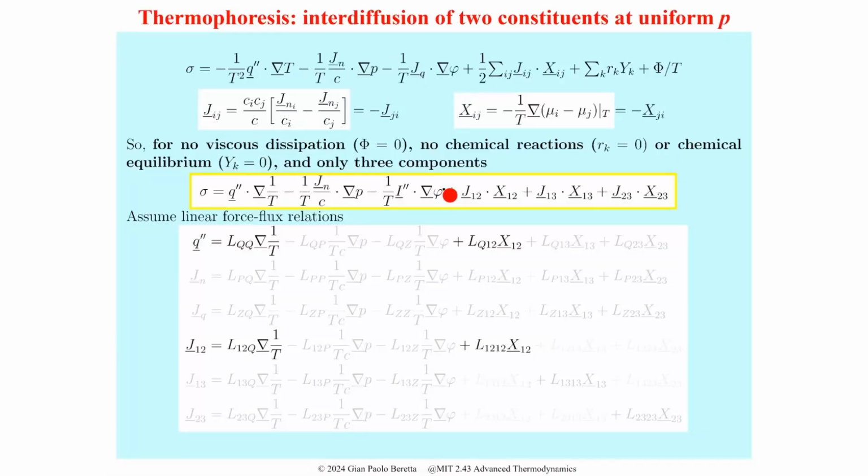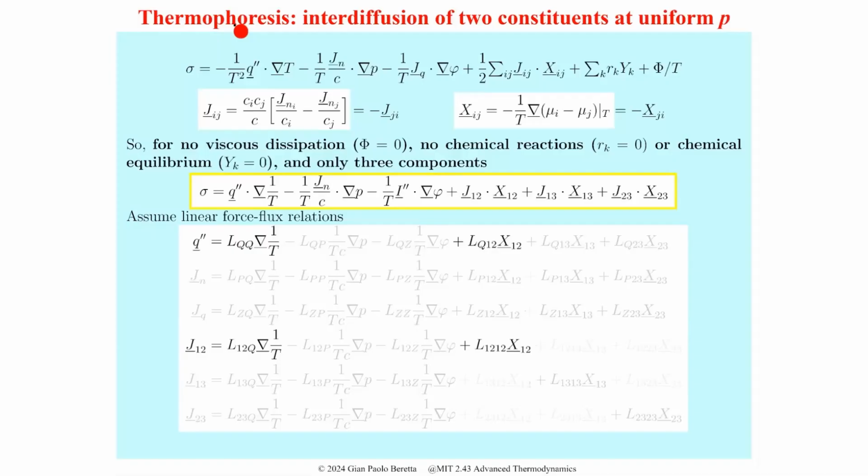Now, if in addition to having gradients in concentrations, you have also a gradient in temperature, this opens up to diffusion or thermodiffusion effects. And so the transport, thermophoresis means, remember, phoresis means transport.